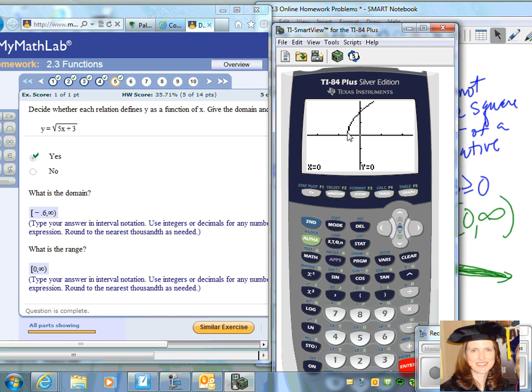It actually begins graphing at negative 0.6 and it continues forever to the right. So that's why our domain is negative 0.6 to infinity. The range starts at 0 and actually touches here, although the graph doesn't display that. It starts at 0 and goes to positive infinity. So it's just another way of checking the domain and range by looking at the graph.